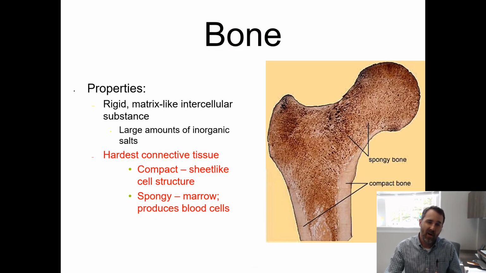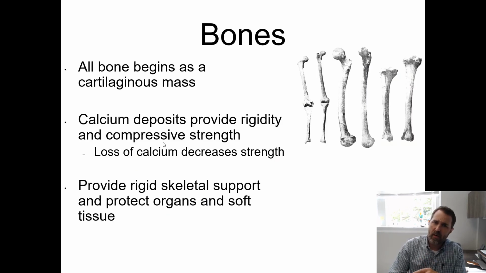Bone is our hardest connective tissue. As I've already said, it has large amounts of minerals in it. A lot of these are inorganic salts. When you're an infant, all your bones begin as being more cartilaginous than bony. They're more cartilage, they're bendable. And this is good because this allows the baby's body to have a flexibility that allows it to exit the birth canal successfully.